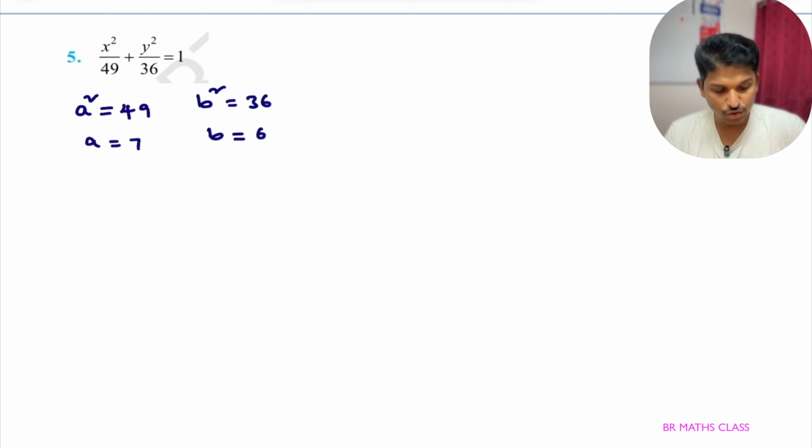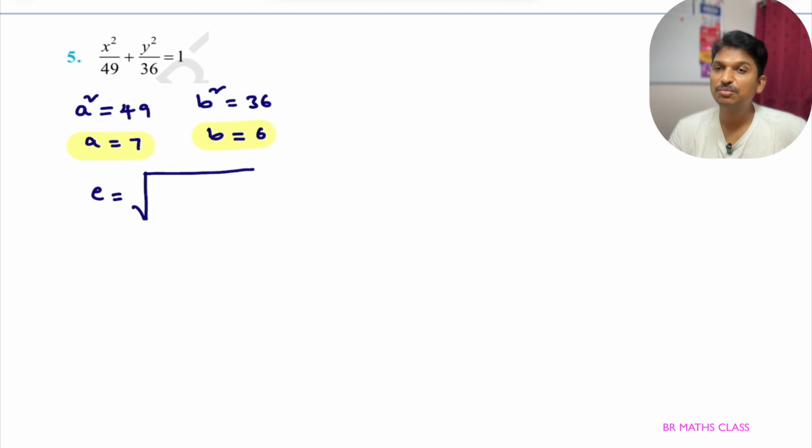Okay, we got two important values: one is a, another one is b. Next, we need e value. How to find e value? The best thing is you memorize it like this: root over bigger number minus smaller number divided by bigger number. Bigger number is 49, minus smaller number 36, divided by 49.